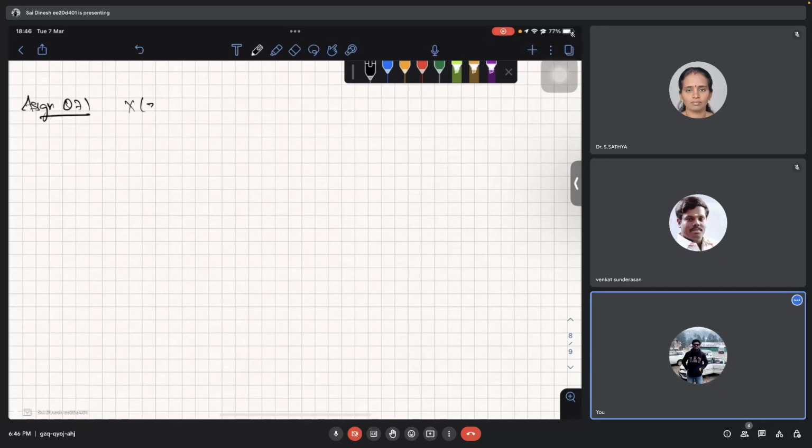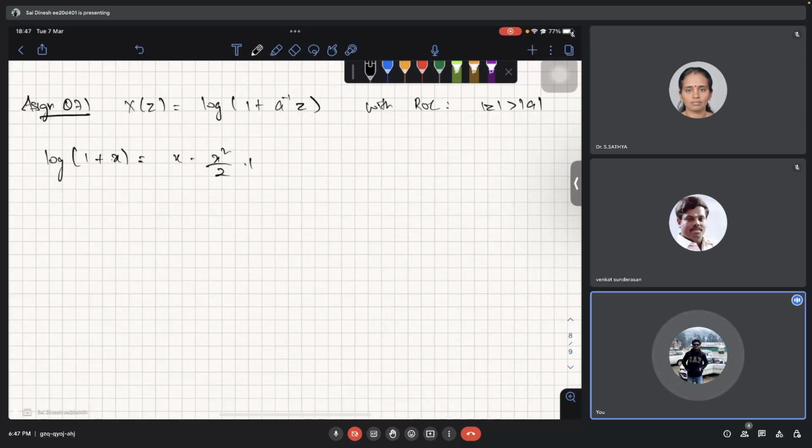So X(z) is equal to log of 1 plus A inverse z, with ROC mod z greater than mod A. So we know that the expansion of log of 1 plus x is equal to x minus x square by 2 plus x cube by 3 minus x power 4 by 4 and so on.